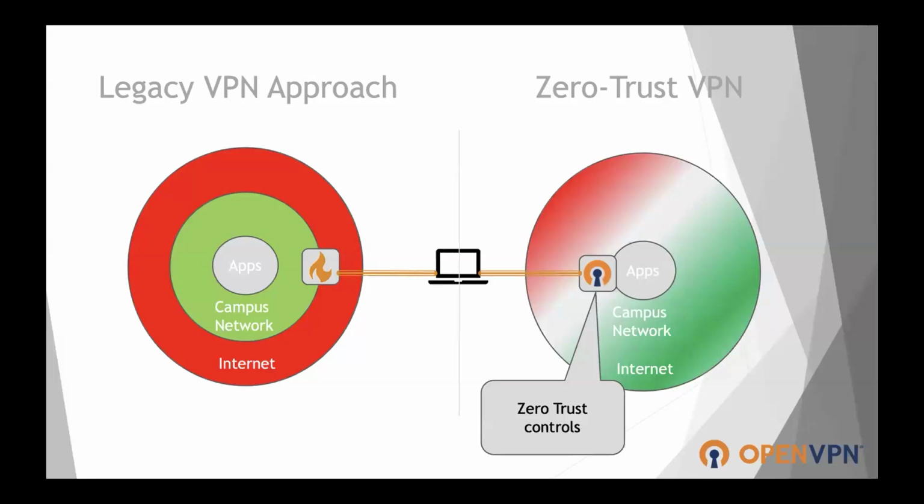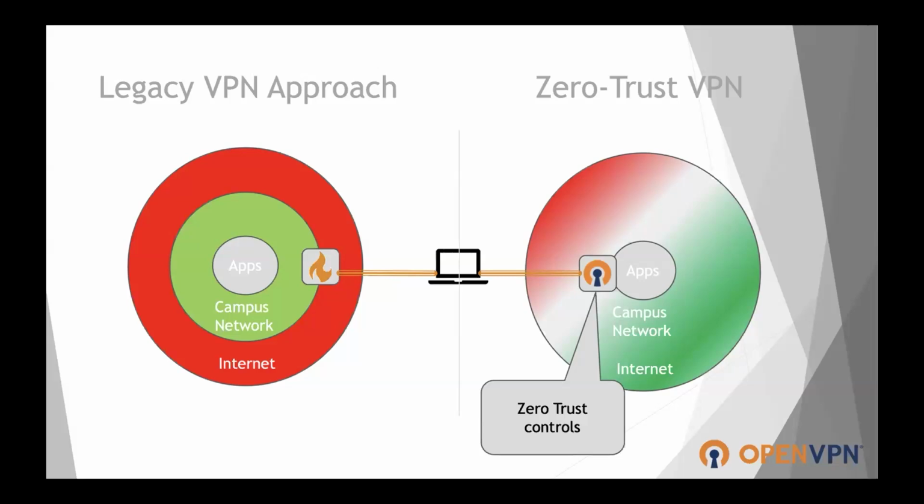Whereas on the right-hand side is the zero trust VPN approach, in which it's not based on the perimeter. Everything is untrusted. It doesn't depend whether the device is connected to the campus network or not, whether it's in the internet. The location doesn't matter.